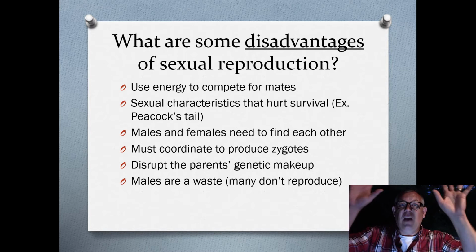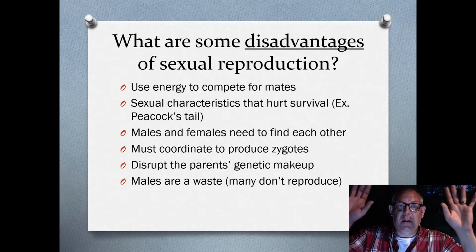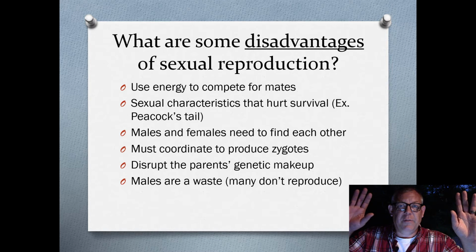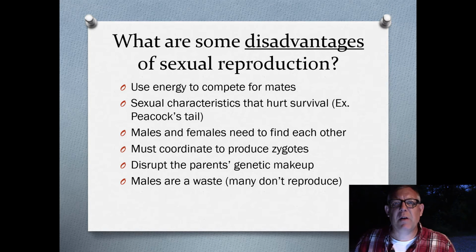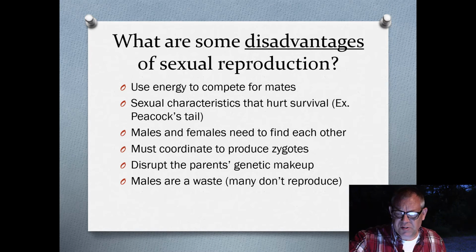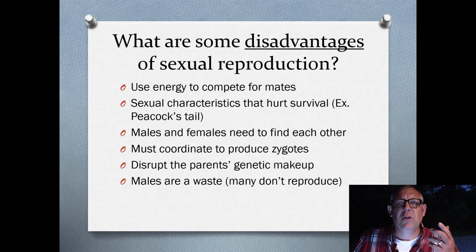That huge tail lowers his ability to survive, but it's preferred by females. It helps him reproduce. This is called sexual selection. But again, you're paying a huge price in survival just to be able to reproduce sexually.